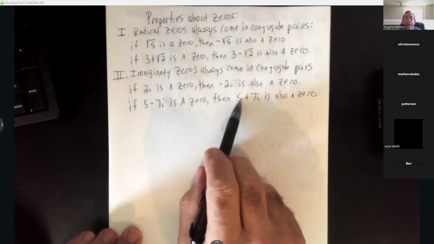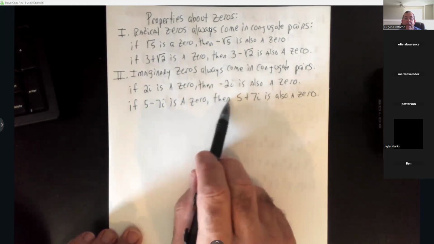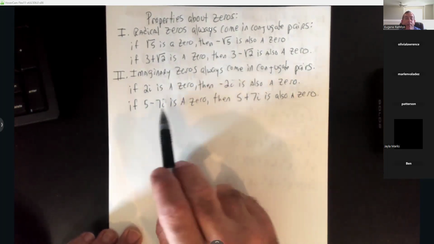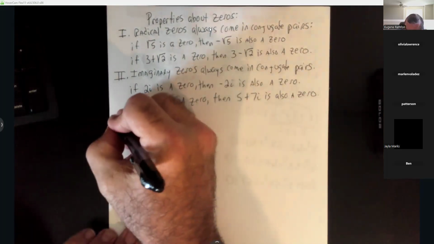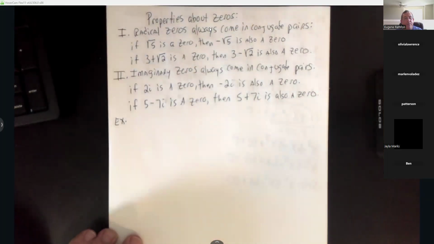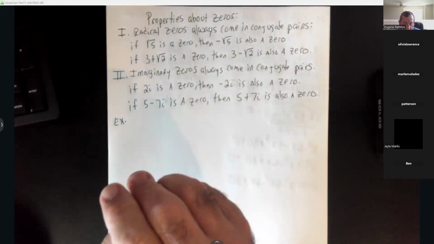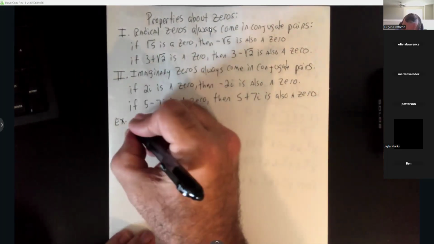Okay, so once again, the only thing that changes is the sign of the imaginary part. The number in front stays the same, okay? So knowing that, let's see what we answer on this question.